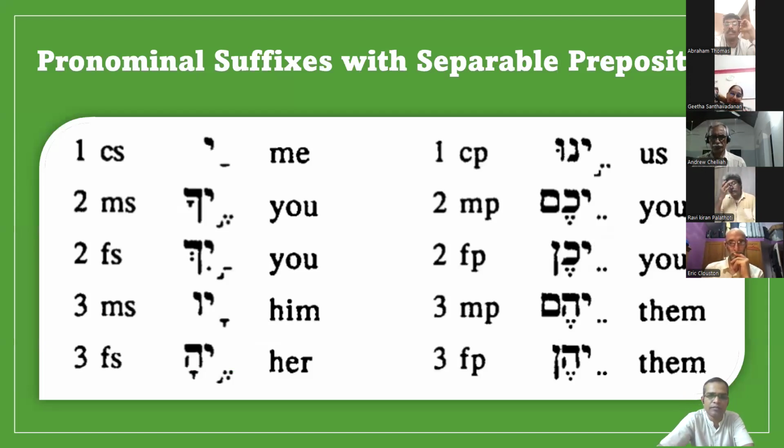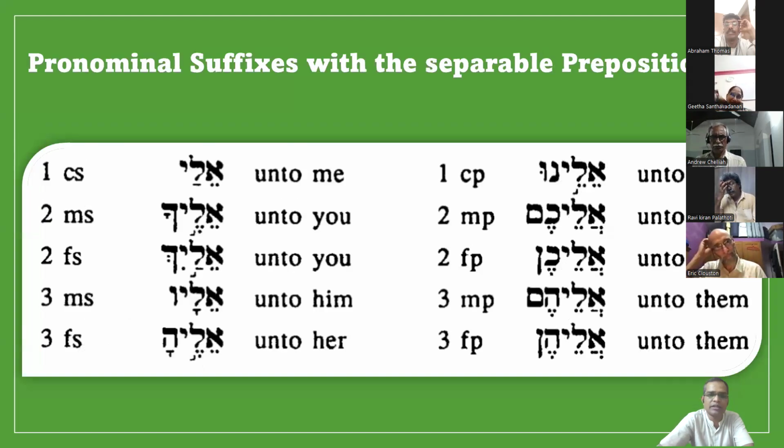So now we can take the example, ale, with the pronominal suffixes with separable preposition. So let me read it for you.